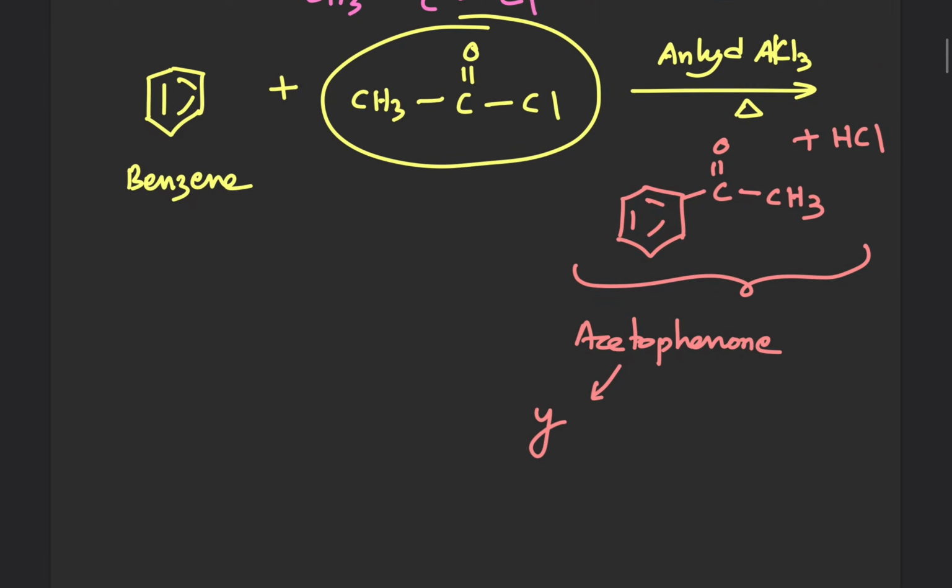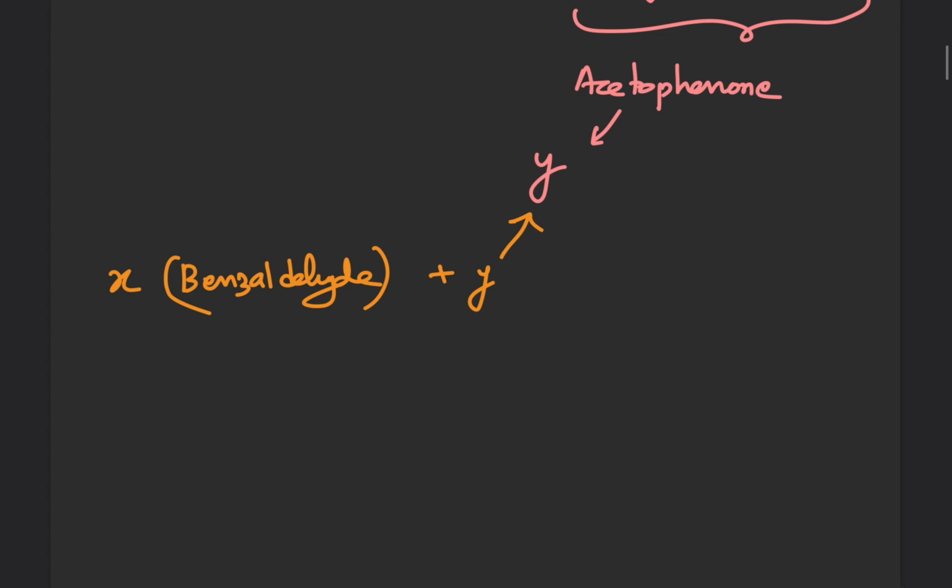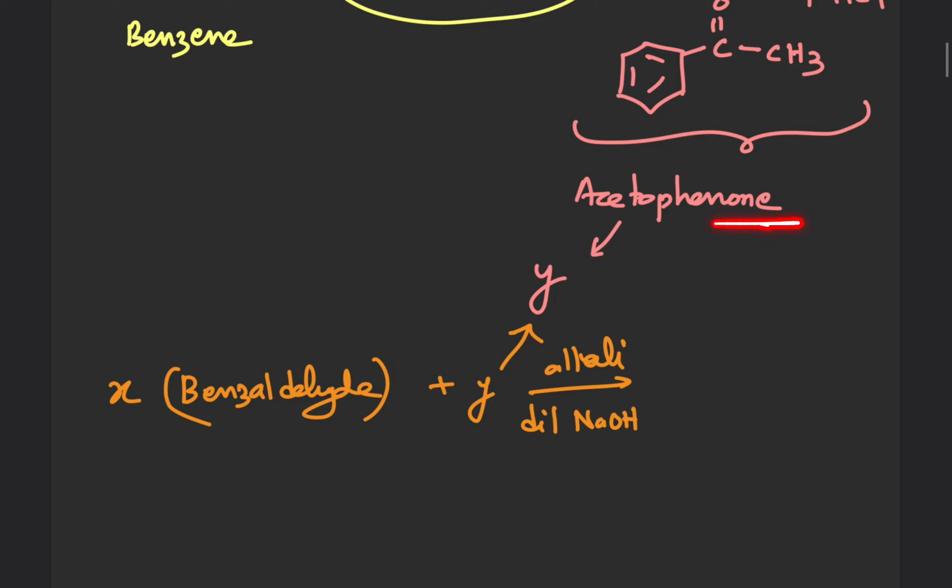In the third part of the question, they are saying that X and Y are heated in the presence of alkali. X is benzaldehyde and Y is our acetophenone. Whenever they are heated in the presence of alkali, let's say dilute NaOH, obviously you can see one of them is an aldehyde and the other is a ketone.